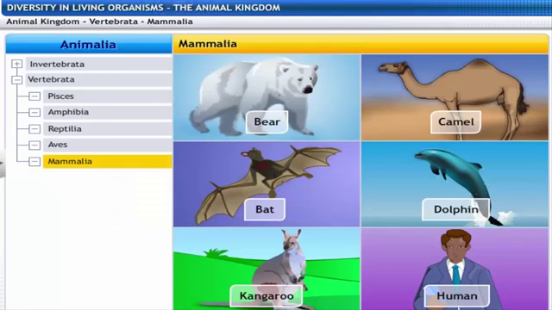Mammalia includes bears, camels, bats, dolphins, kangaroos, and humans. All mammals are warm-blooded animals.